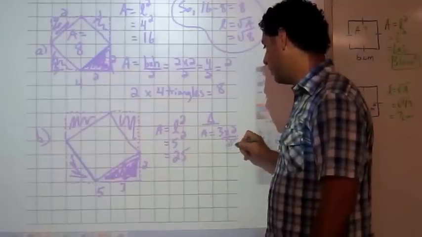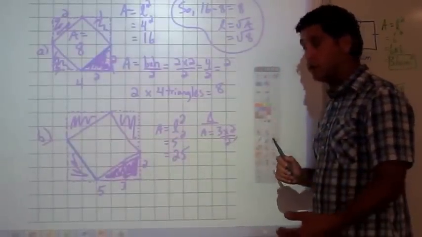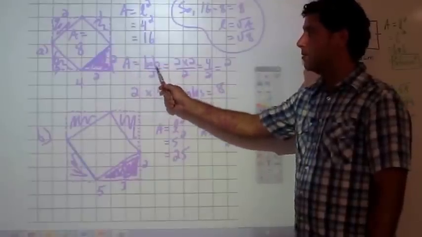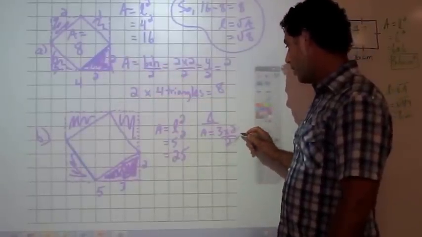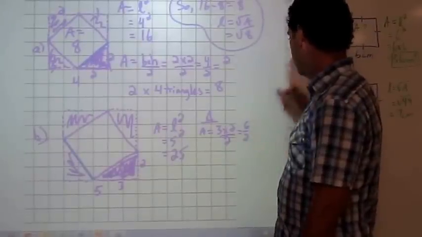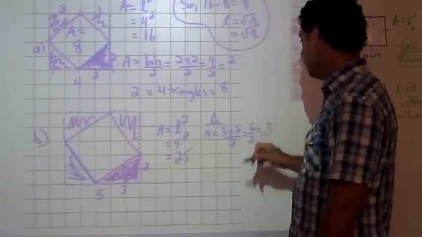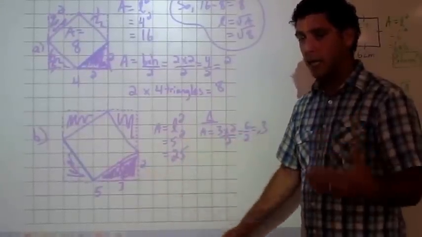And I'm going to divide that by a 2 because that is the formula for the area of a triangle. Right? Base times height divided by 2. So that would be 6 divided by 2, which is 3. So each one of these triangles now has an area of 3.